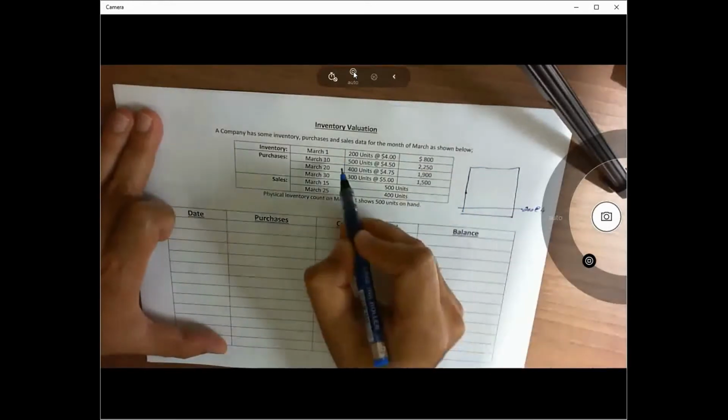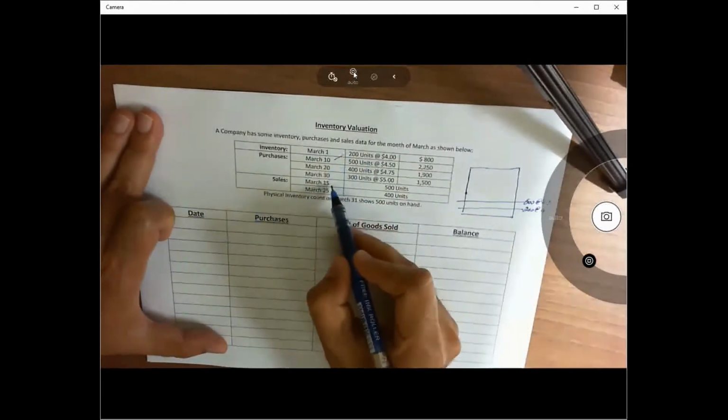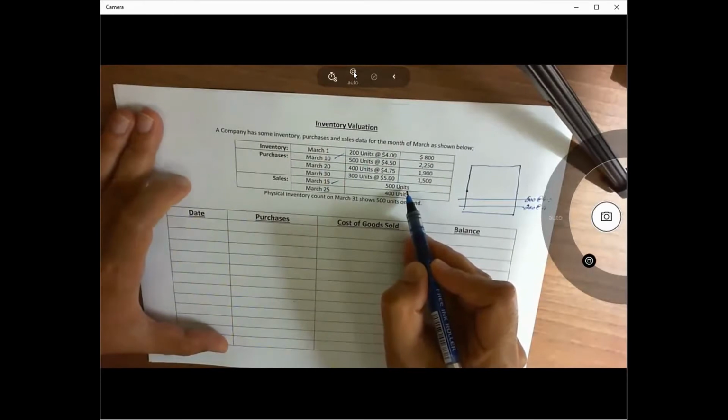Then on 10th of March, we purchased 500 units at the price of 4.5. Then after 10th of March, we are selling 500 units. Okay, we can ignore this at the moment. We will move to the next part of the purchases.